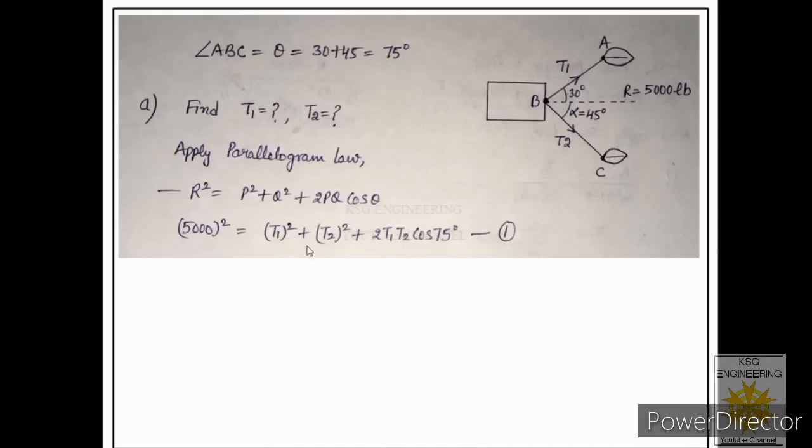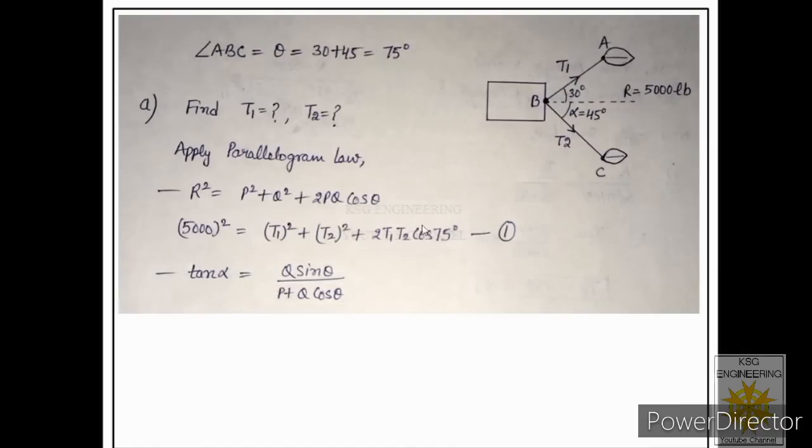Now if you see this particular equation, you will find that there are two unknown values and it is a single equation. It means we cannot solve this equation. So let us name this equation as equation 1 for the time being, and let us apply another formula from parallelogram law of forces.